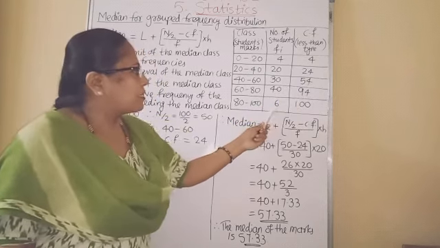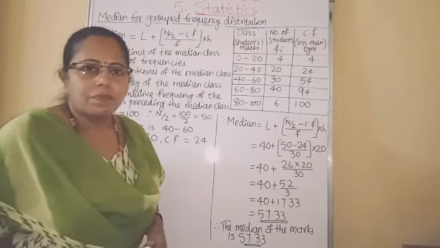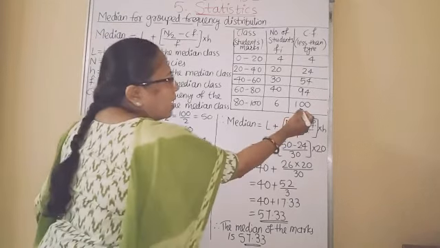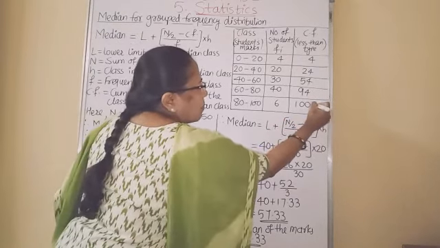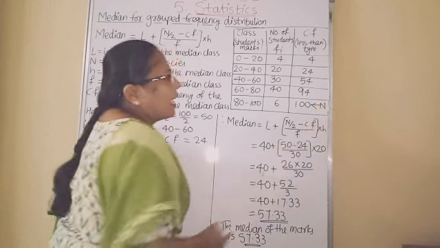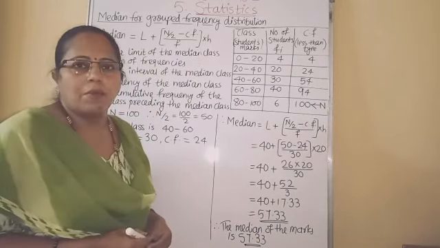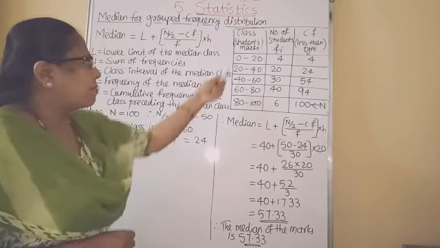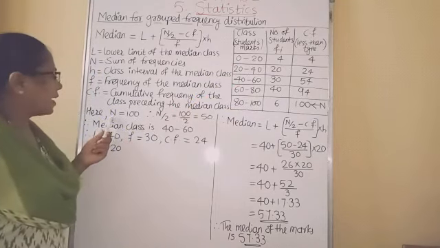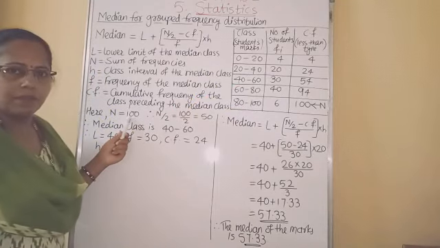And 94 plus 6 is 100. This last score represents the value of N, the total of the frequencies. So from this example, N is equal to 100.